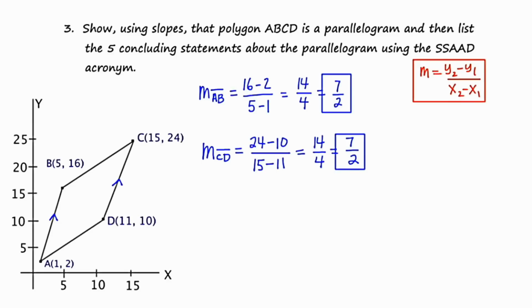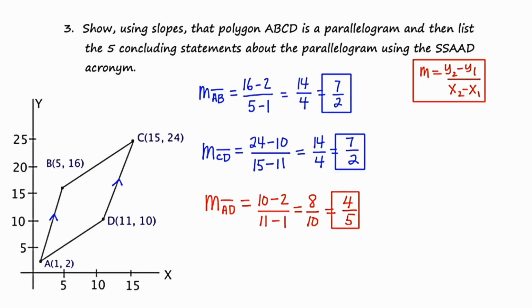So now let's consider the slope of line segment AD. And the subtraction problem I'm going to use now is 10 minus 2 over 11 minus 1. This is going to boil down to 8 over 10. And 8/10 reduces by 2 to 4/5.